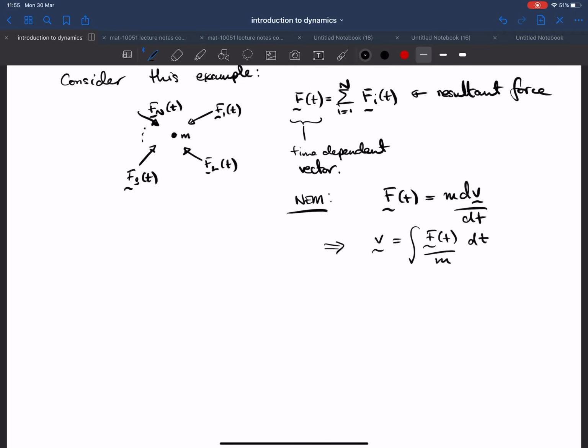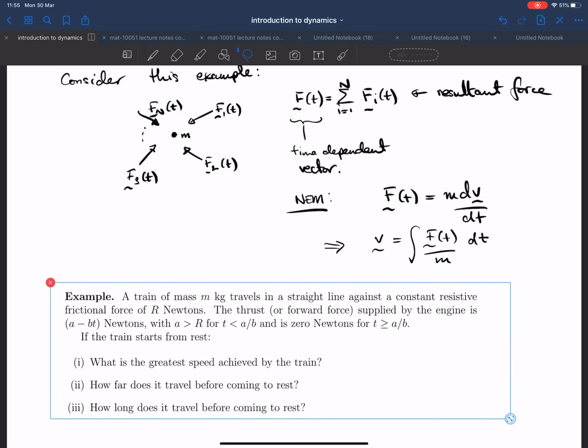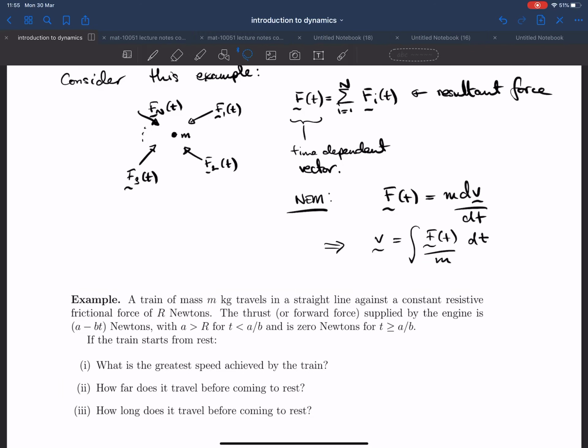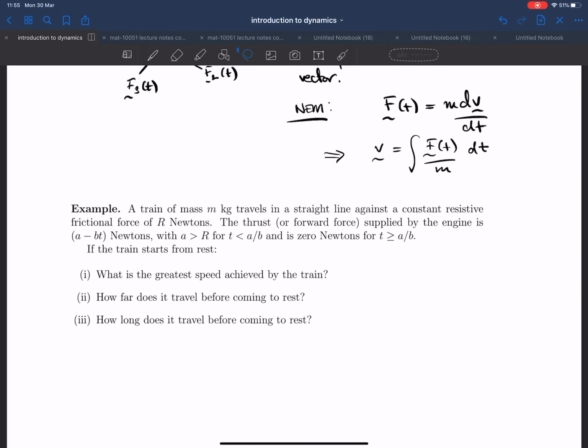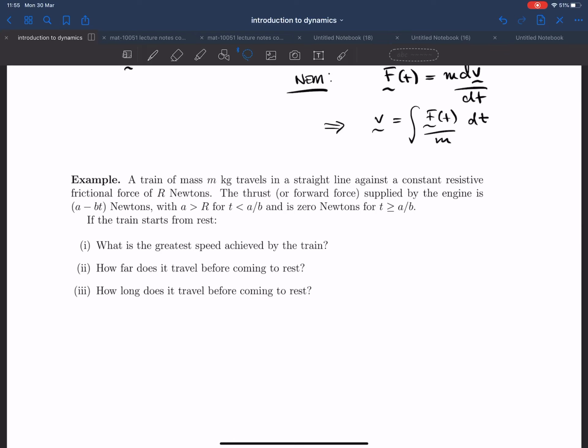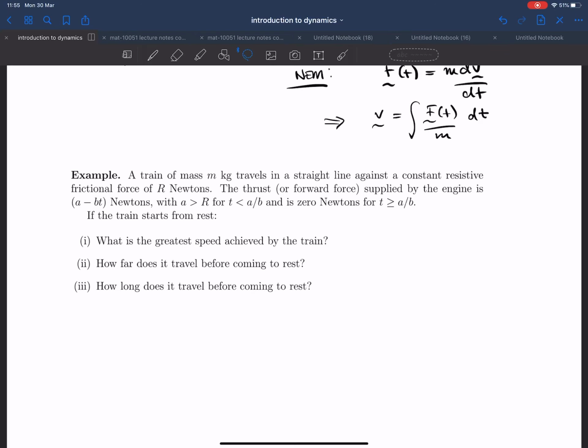So let's have a look at an example where we'd actually use something similar. This example refers to a train of mass m kilograms traveling in a straight line. As soon as you see straight line, you know we're working in the framework of 1D motion. And this is against a constant resistive frictional force R, of magnitude R newtons, and the engine supplies a thrust.